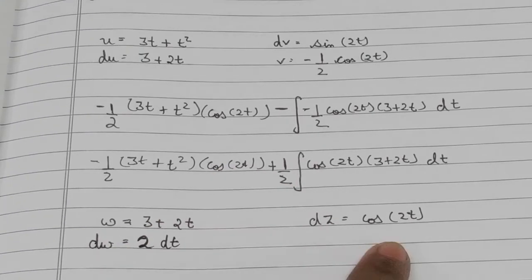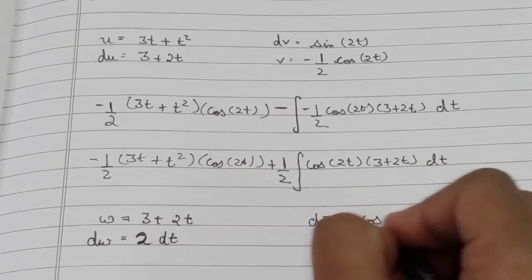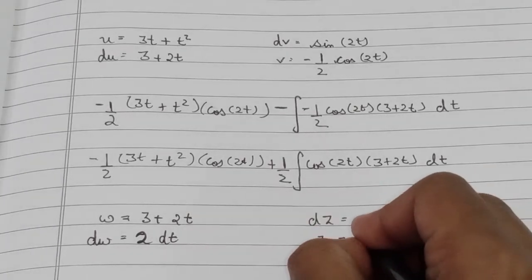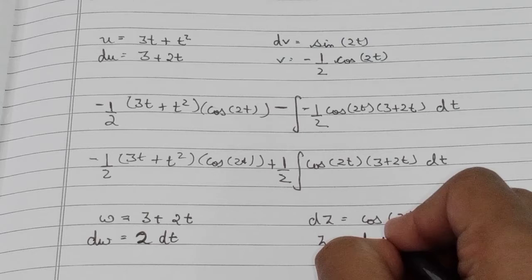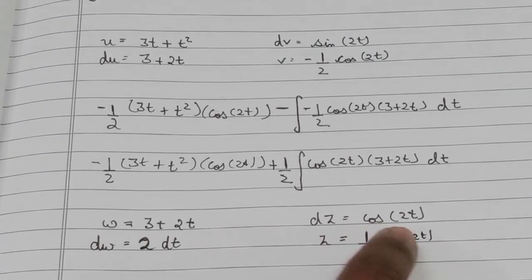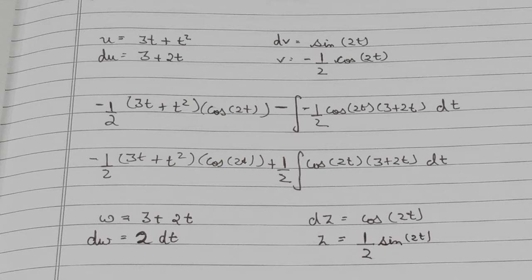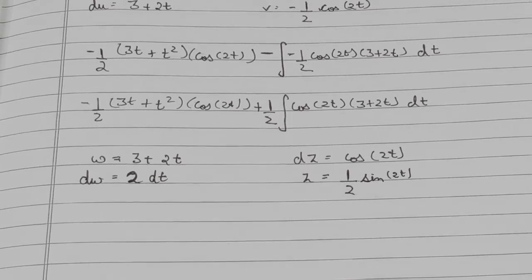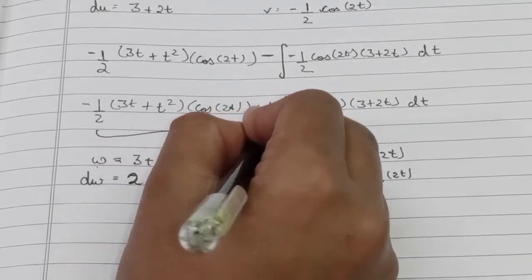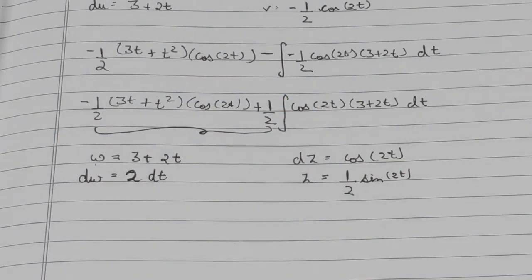Now integrate this, we get z equals 1/2 sine of 2t, because the integral of cosine x is sine x, and we apply the inverse chain rule. Now multiply w into z for the first part of the answer, and remember we still have this part, we will just keep it aside.